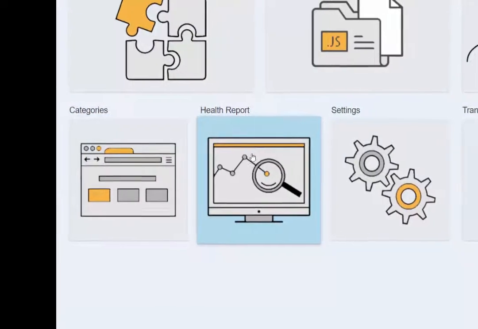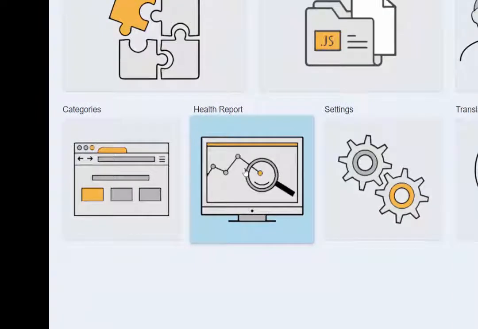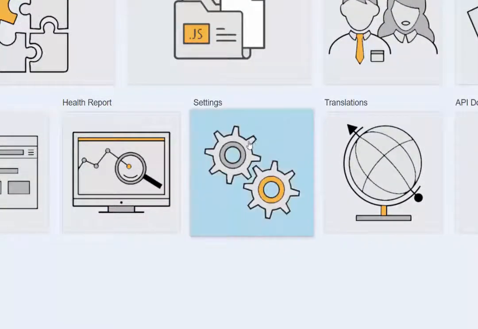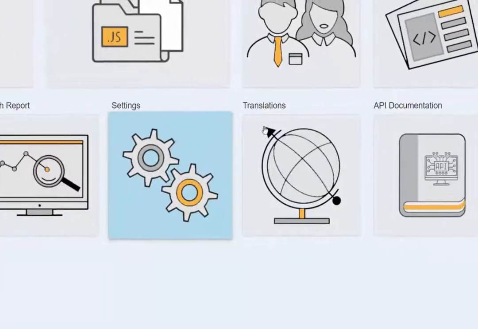Health report is specifically for when you have some specific data that are, for example, migrated to your system, and you want to check that all the data you've included are correct for being manipulated with Ganister. The settings are a few general settings about the application.